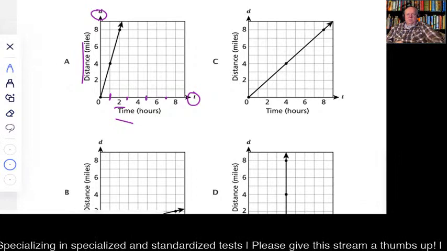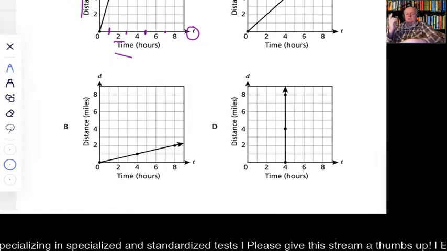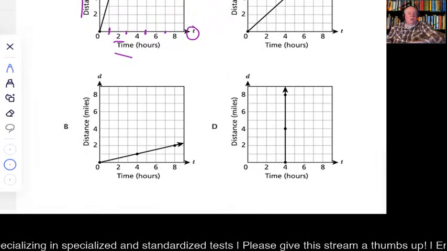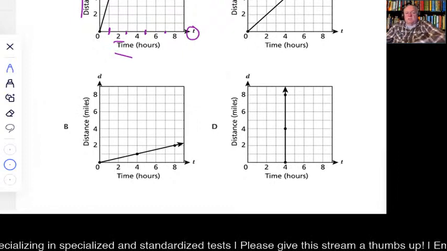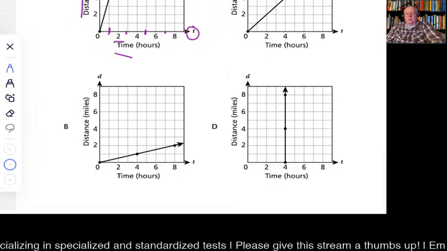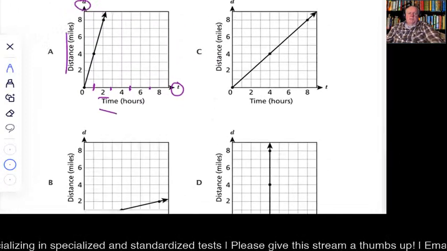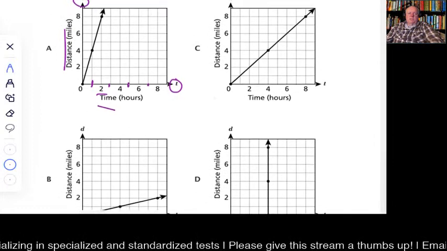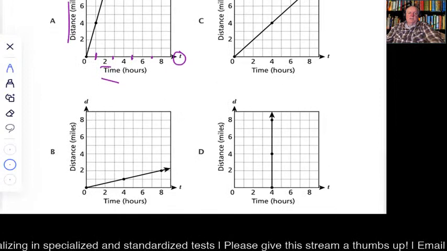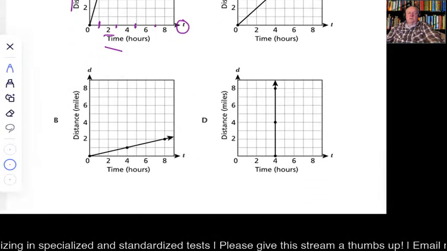We can also make a note that D's graph goes straight up, so there's no slope on D at all. Is that what they're going to ask us, which of these is the equation of a line, maybe? We don't know where they're going here. The steepest slope is D, the next steepest is A, the next steepest is C, and the least steep is B. Think about your driveway.